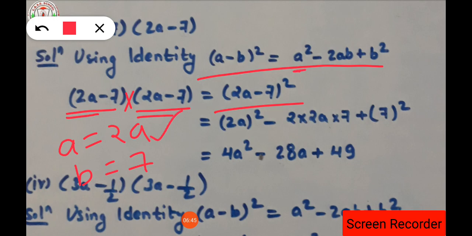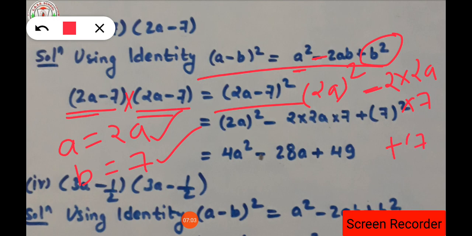Now a value is what? 2a. So a square means (2a) square, minus comes from the identity, 2 comes from the identity, into a value which is 2a, b value is 7. Okay. Then plus b square, b value is 7, so 7 the whole square. So (2a) square means 4a square.